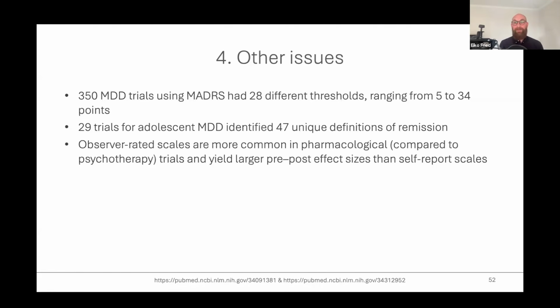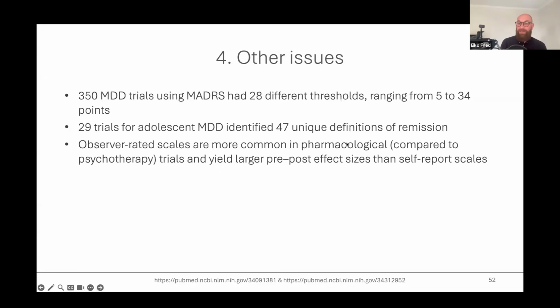And again, the 5 to 34 is basically an order of magnitude difference, which is problematic. The other example of 9029 trials for adolescent depression identified 47 unique definitions of remission, which is crazy, given that there are more definitions of remission than trials.